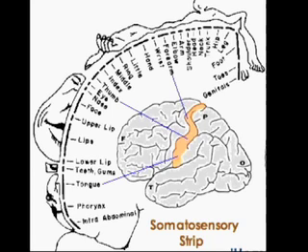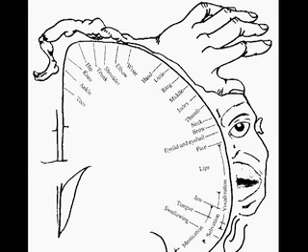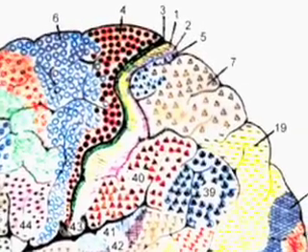The entire body is represented in accordance with its sensory importance. So there's a huge amount of area devoted to the face, a huge amount of area devoted to the hand, very little devoted to the knee or to the elbow and so on. All this information goes off to area 7.